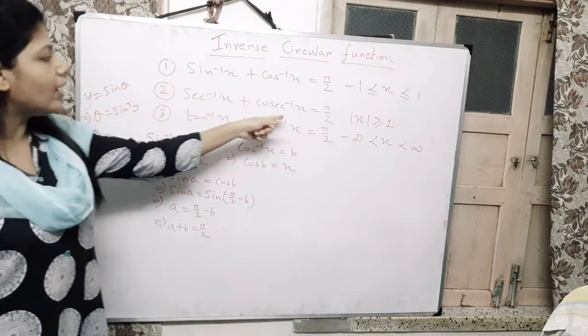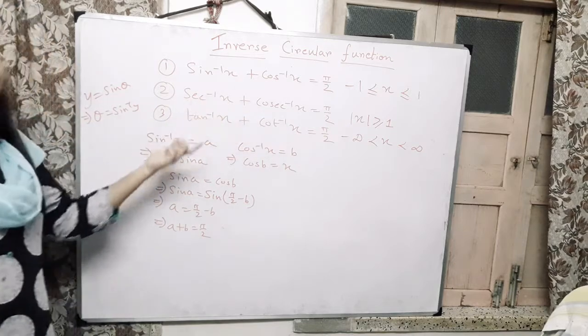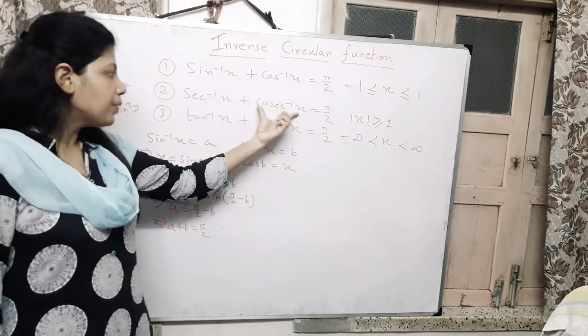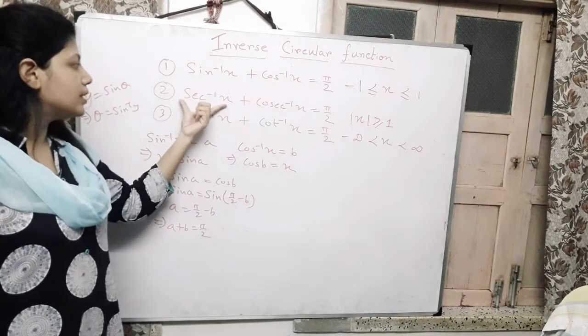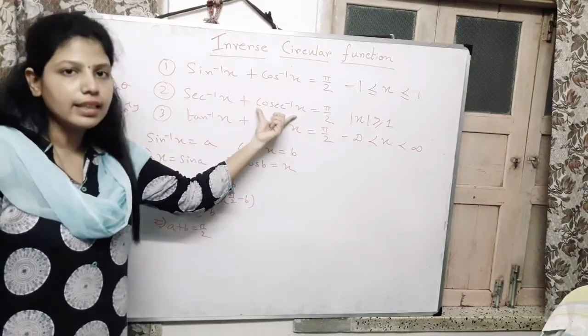If you take this one also, sec inverse x and cosec inverse x, take them as L and M. This one will be sec theta, this one is cosec theta, sorry.